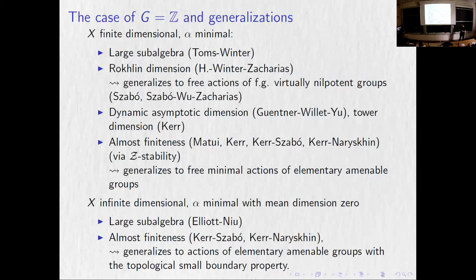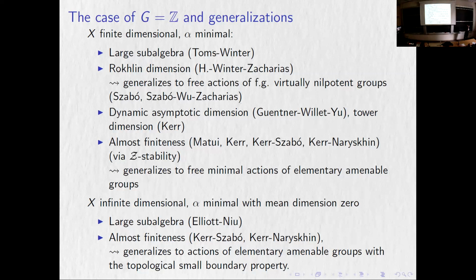And so they have this notion of a dynamic asymptotic dimension of a groupoid, and they verified that if the groupoid is a transformation groupoid associated to a minimal system on a finite dimensional X, then it has finite dynamic asymptotic dimension. And there's also this related notion of tower dimension due to David Kerr. So these ideas could also be used to reprove this.